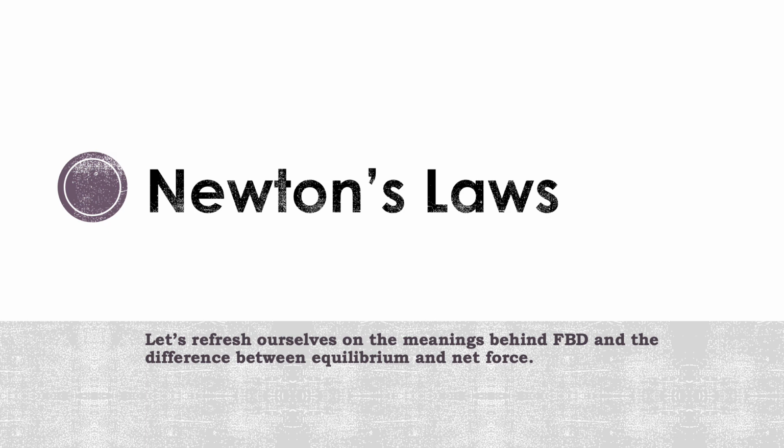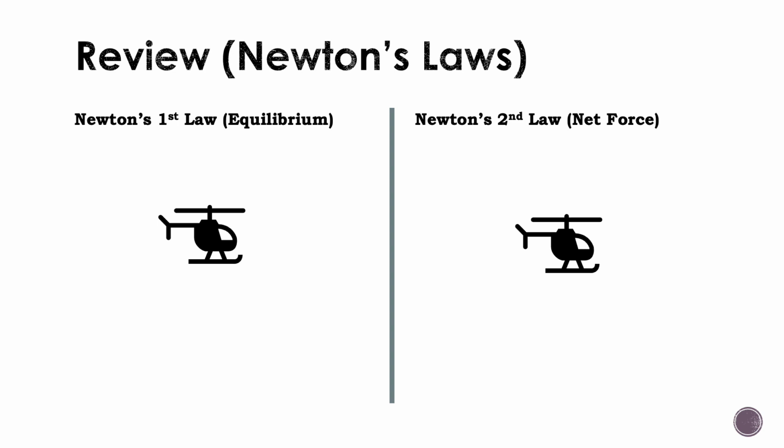Before we go into the specifics of the drag force, we need to review Newton's laws. Okay, we need to refresh ourselves on the meanings behind the free body diagrams and the difference between equilibrium and net force. So take a helicopter, okay? Now, let's say the helicopter is in a vacuum on Earth.